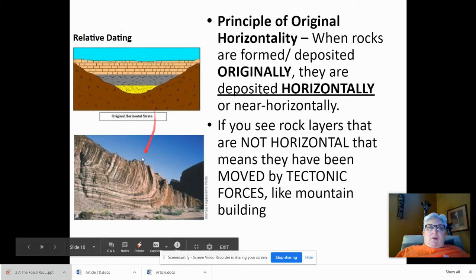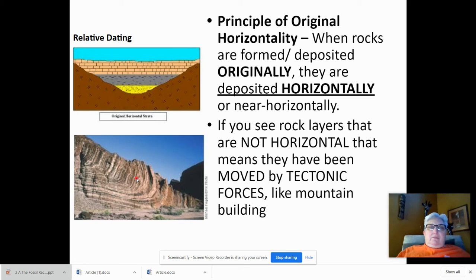Now, when we're also talking about dating, we go by not only the law of superposition, but the principle of original horizontality, right? Horizontal is going left to right here. Things are deposited horizontally, right? Now, if you see rock layers that are not horizontal like this, you can see these layers are horizontal and then become vertical, up and down.